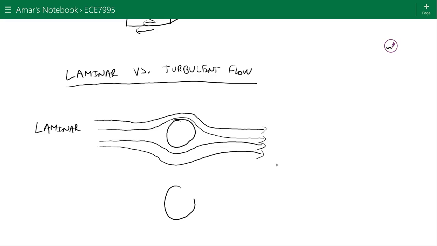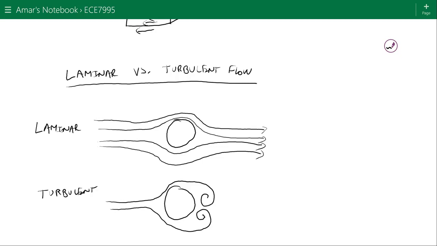Turbulent flow would be something like this, where you end up getting these vortices forming.